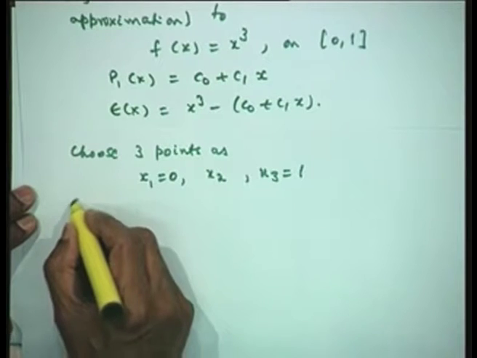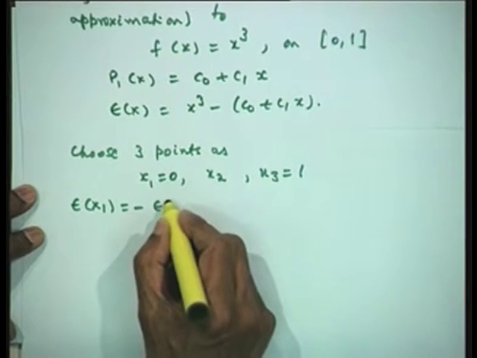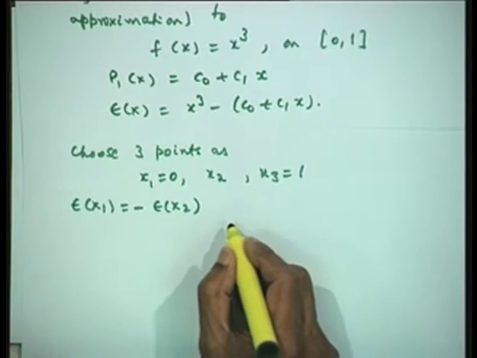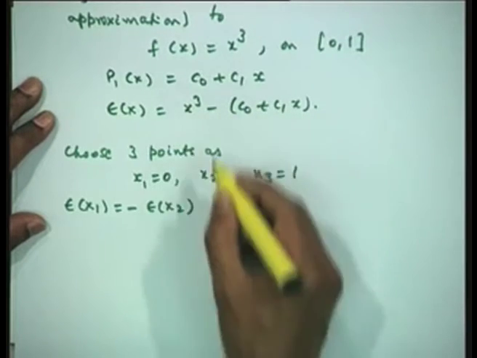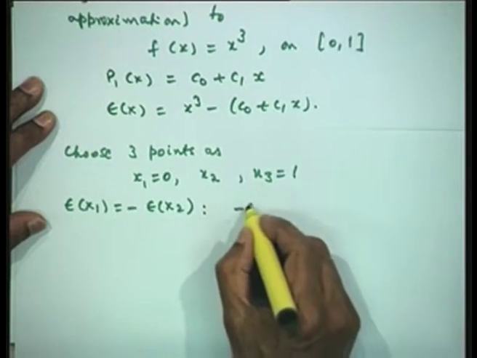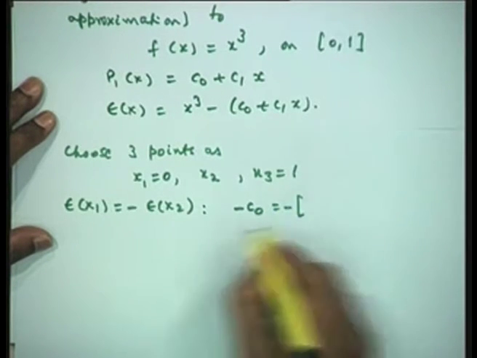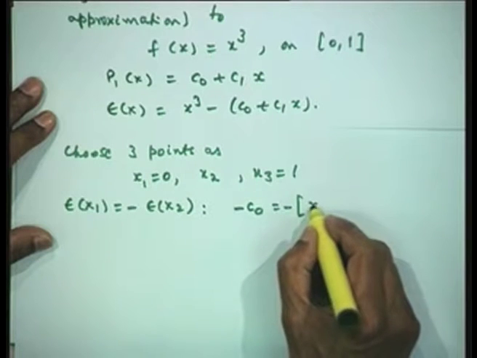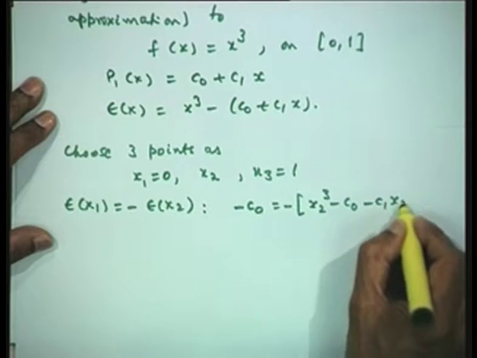Now, the first equation reads epsilon at x 1 is equal to minus epsilon at x 2. Now, let us substitute x 1 is equal to 0. So, this gives us 0, therefore, I will have minus c naught from here, and that is equal to minus epsilon at x 2, that is x 2 cubed minus c naught minus c 1 x 2.